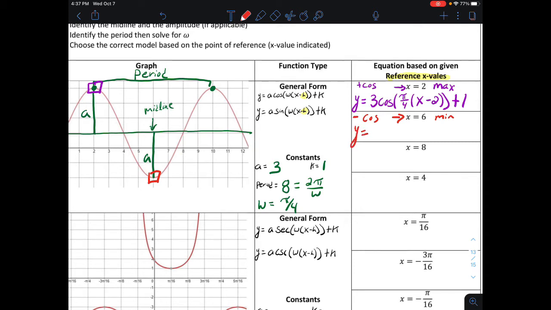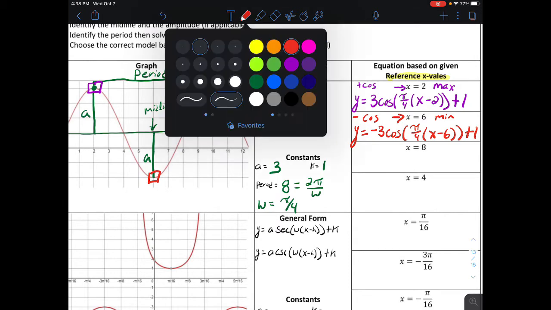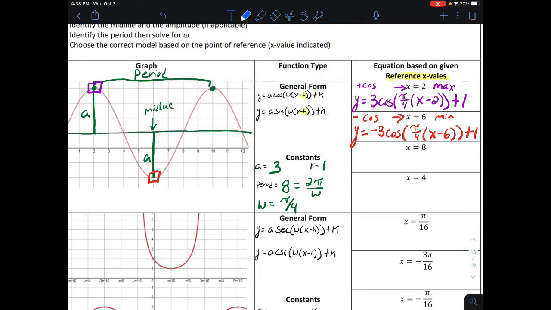We get y is equal to, we've got to make it negative, so -3 cosine of pi over 4 times x minus 6, and then +1 on the end still. And then we look and say, all right, what if we base our equation off x is equal to 8? Well, x is equal to 8, we look at that, that is a midline.